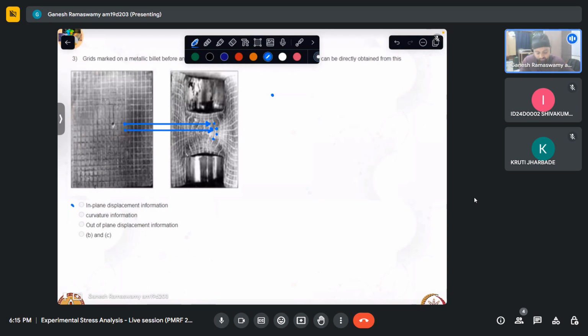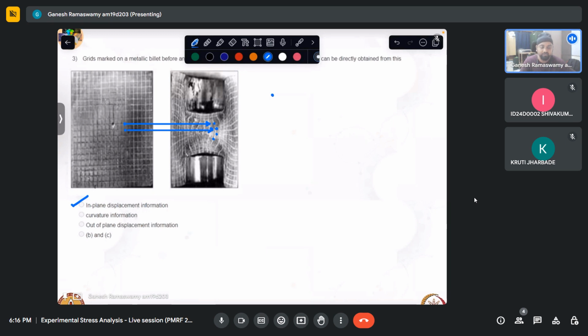Now, if we were to calculate these displacements with very fine grids, let us say, and if we are able to get the plot of the slope of that displacement, then we will be able to measure strains as well. And the same goes for curvature.